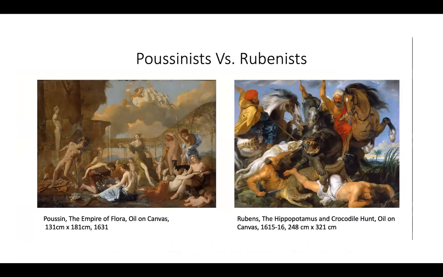And the Poussinists valued all that stuff that Poussin was into, because he was a teacher there at the time. Line, value, organization, accuracy, anatomy, all that divine stuff we talked about.